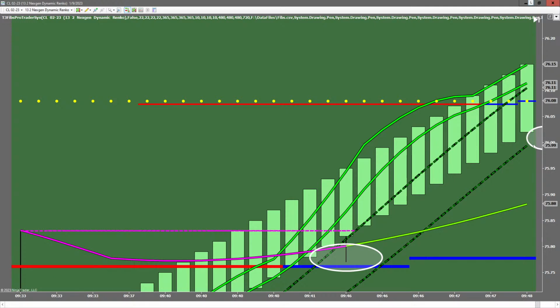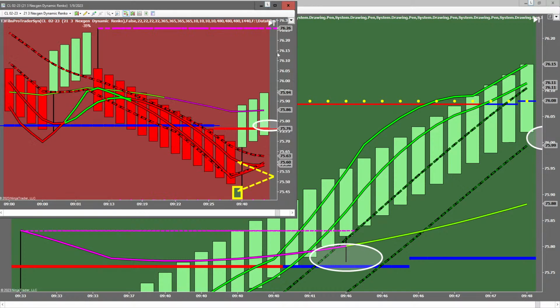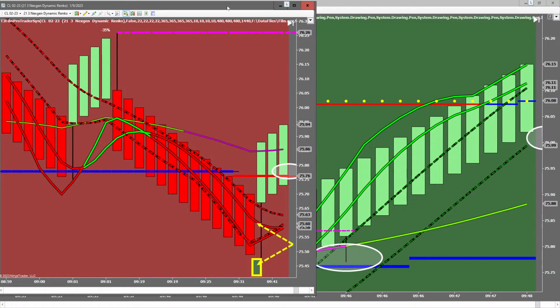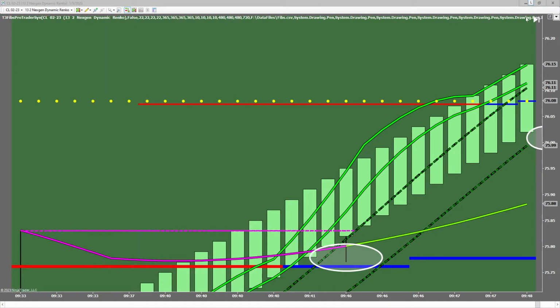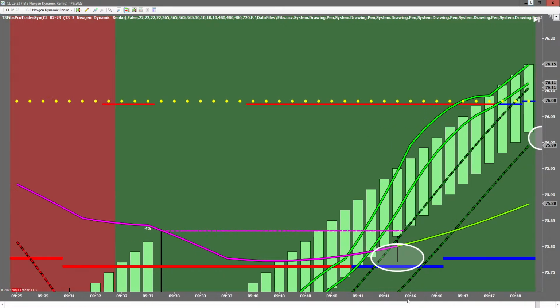Might depend on what the 21-3 chart said right here. If you use a 21-3 chart, are you going to go long here? I don't want to cause too much confusion, so all right, let's go forward.